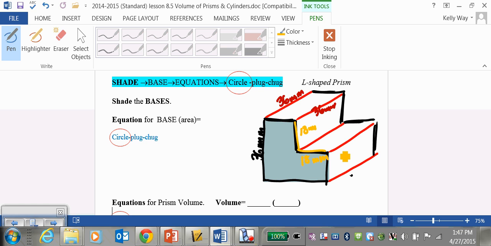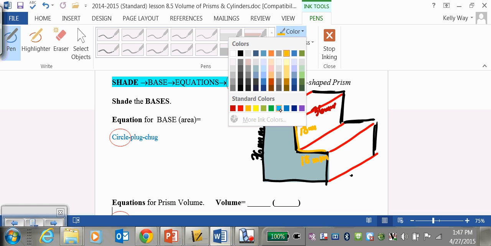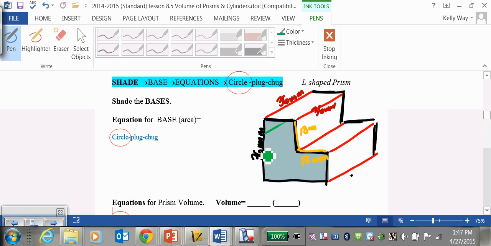Your base. Gets a little tricky here. Or maybe it wasn't tricky. I don't know. How many of you identified the L's as your bases? You got that? Fabulous.